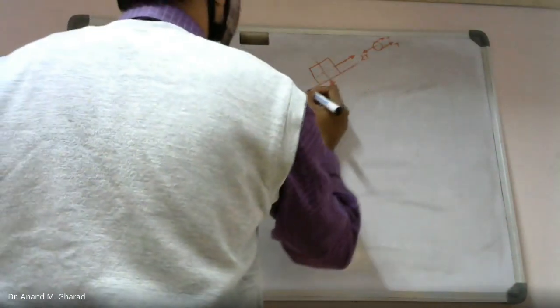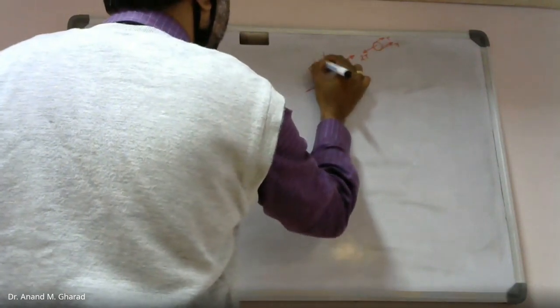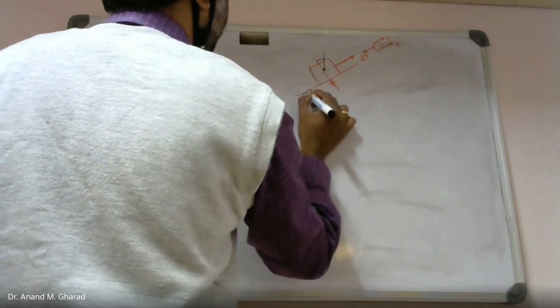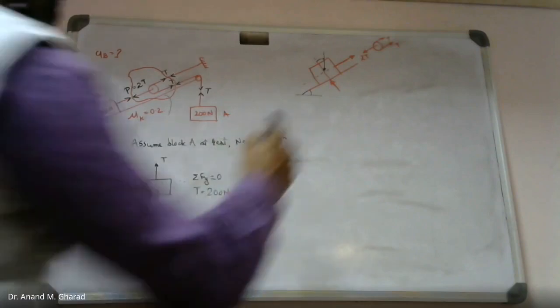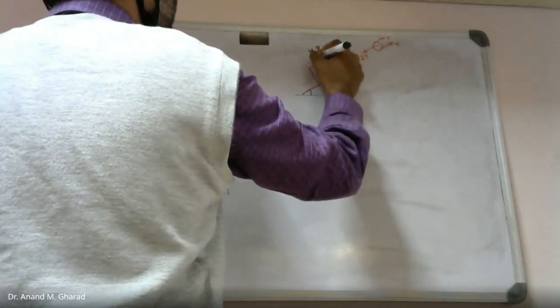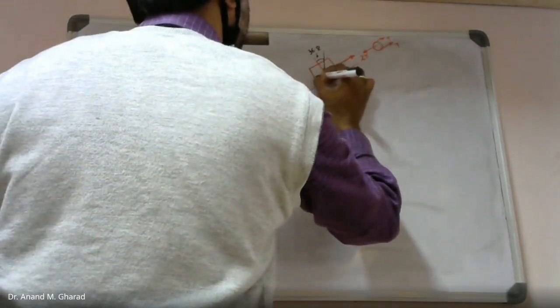What is the angle value? Can you please let me know what will be the angle value? tan inverse of 3/4, how much does it come to? 36.8. This angle equals 36.8, and therefore you will see that these will be the components.